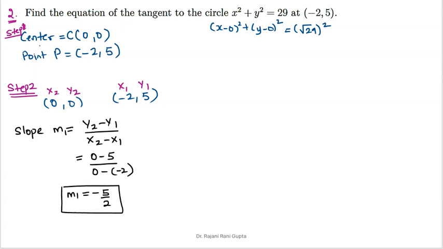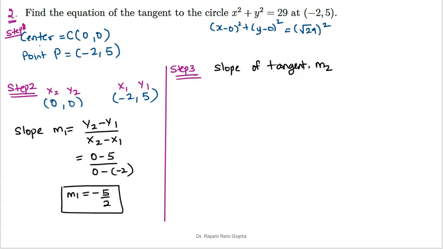Okay. Next is to find the slope of the tangent. Step 3: slope of the tangent. Let's say m2. So you know that m1 times m2 is minus 1. You have the value of m1.